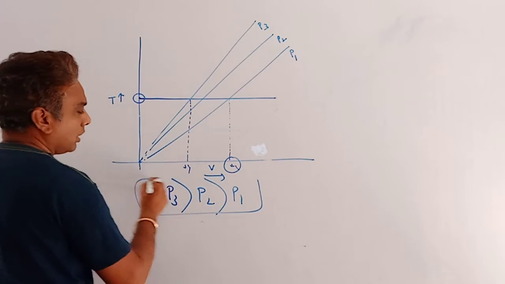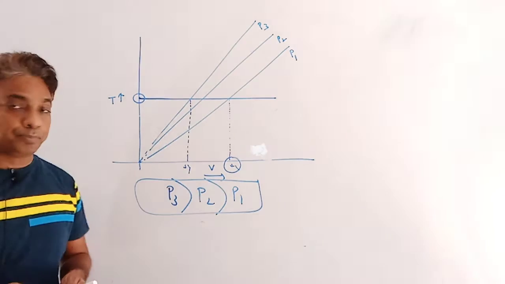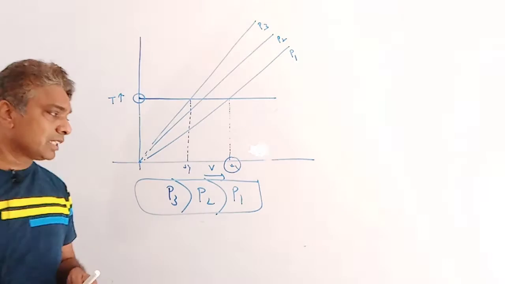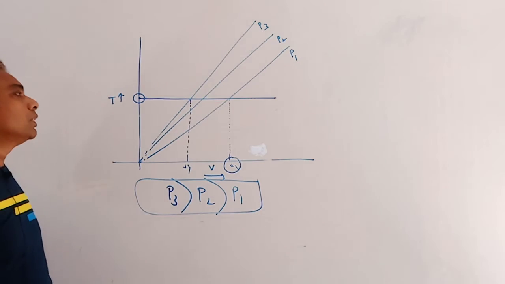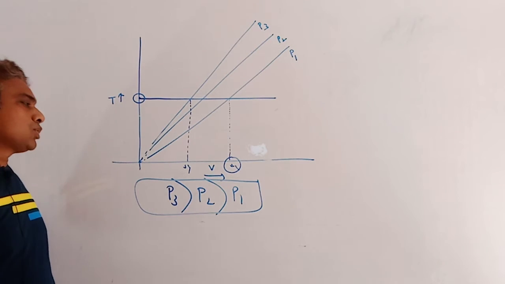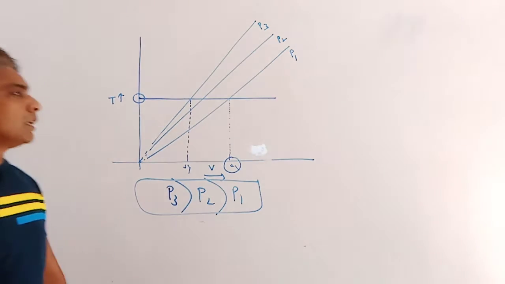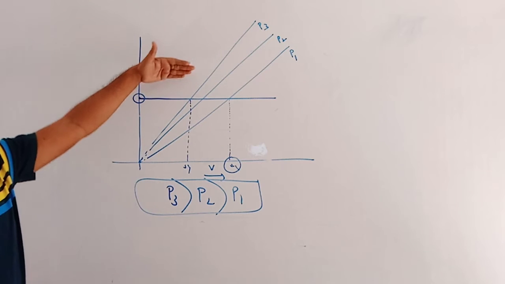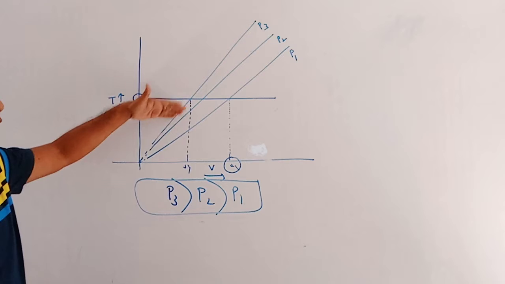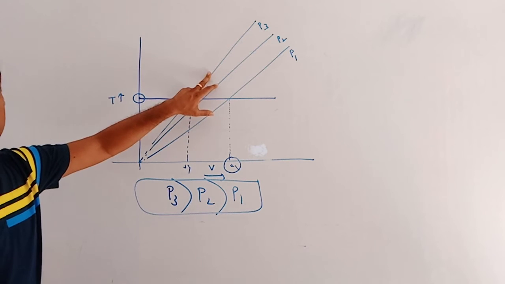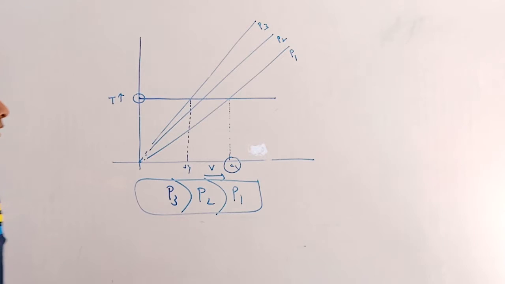This is the relation between these pressures. So the Charles' law graph is converted into Boyle's law with the help of the temperature axis, and at constant temperature we conclude that if pressure is high then volume is low, and if volume is low then pressure will be high. Clear? Since PV is equal to constant.